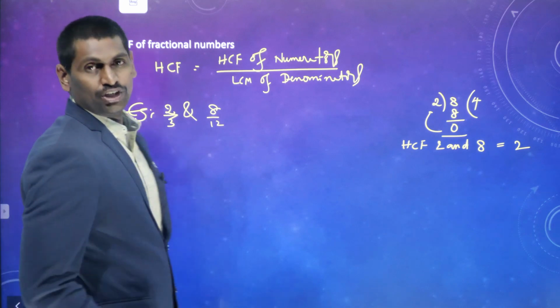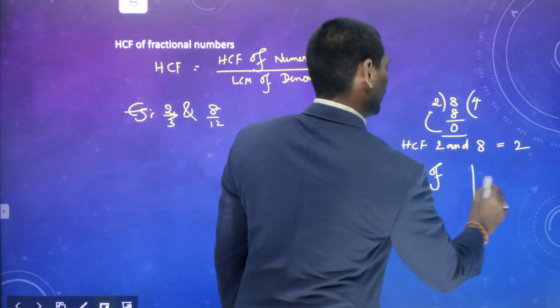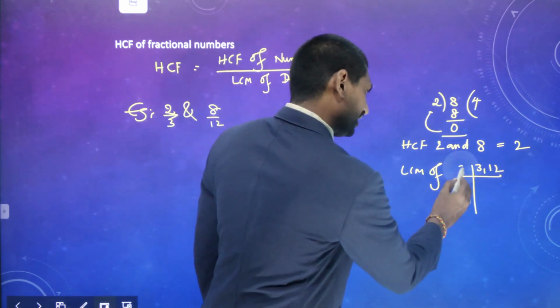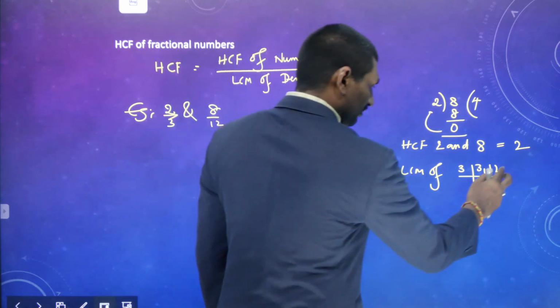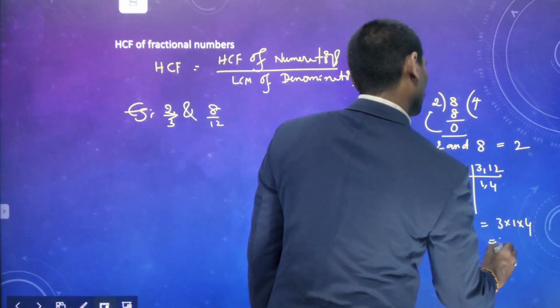And the LCM of denominators, 3 and 12. Try to identify the LCM. 3 1s are 3, 3 4s are 12. There is no common factor between 1 and 4, so the LCM is 3 into 1 into 4, nothing but 12.